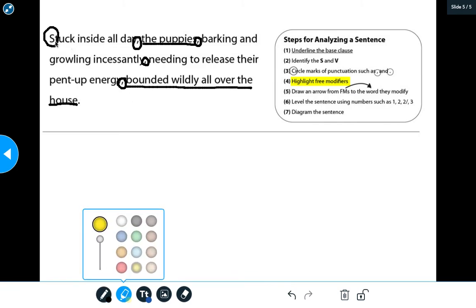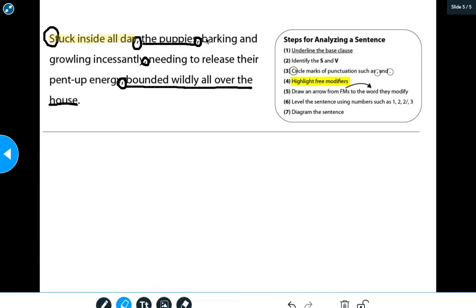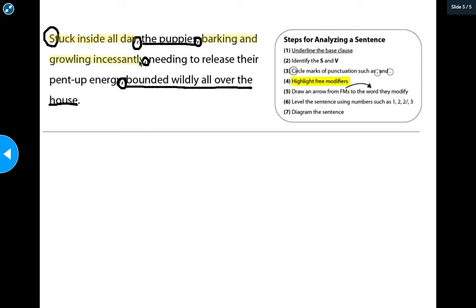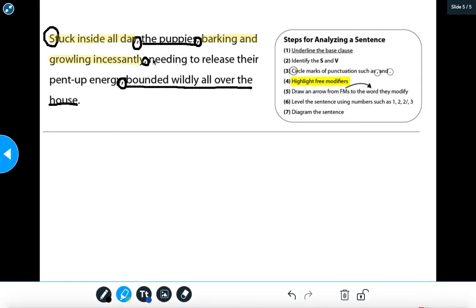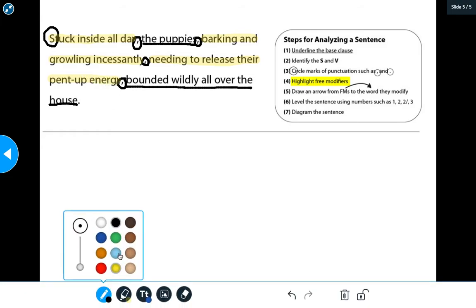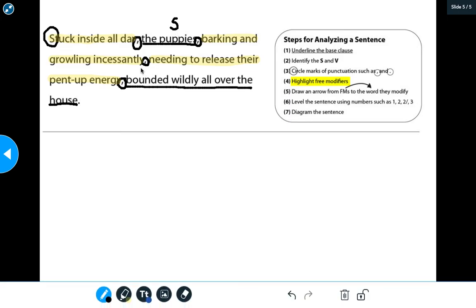In terms of highlighting the free modifiers, you can definitely see the free modifiers now. I'm one of those people who, I skipped a step. Come back to it in just a second. And here's the puppies, and here's what they did.